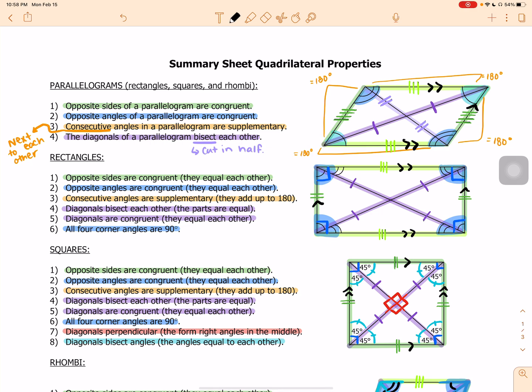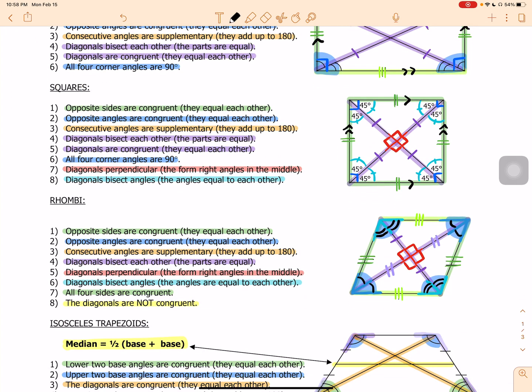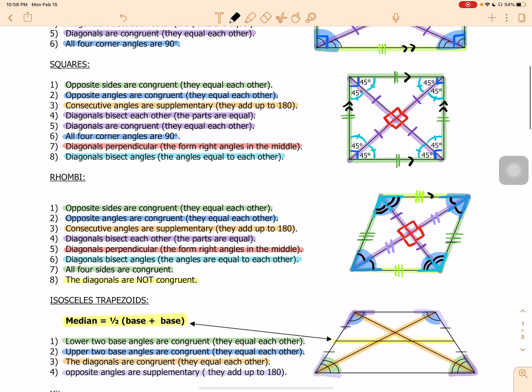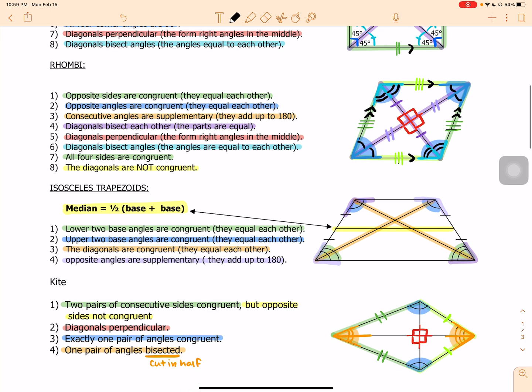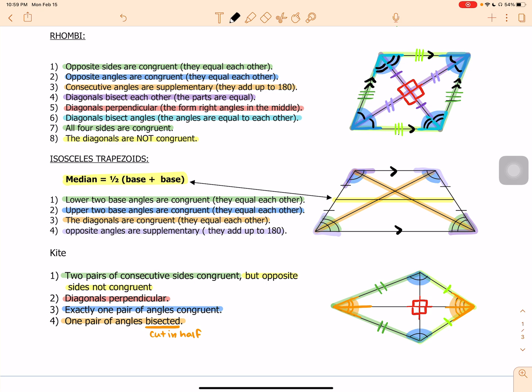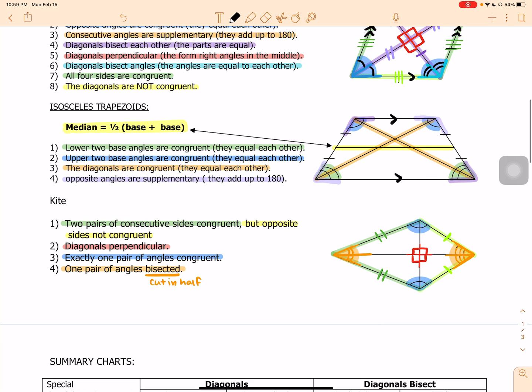Okay, so mark that up on your practice sheet, or just make a note that all these are parallelograms so far, because the opposite sides are parallel. Just like these as well. And then for an isosceles trapezoid, the top base and the bottom base are parallel. But in a kite, we don't have sides that are parallel.